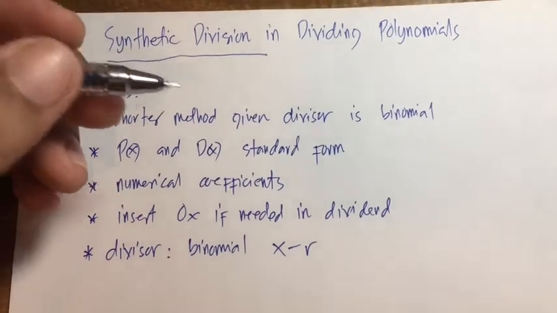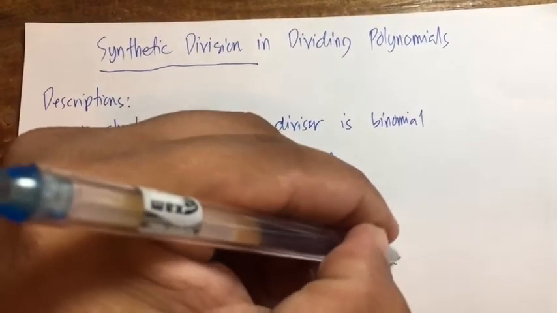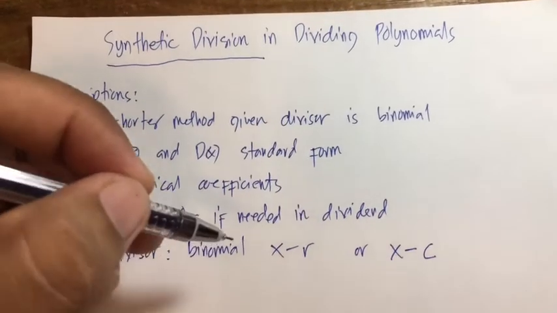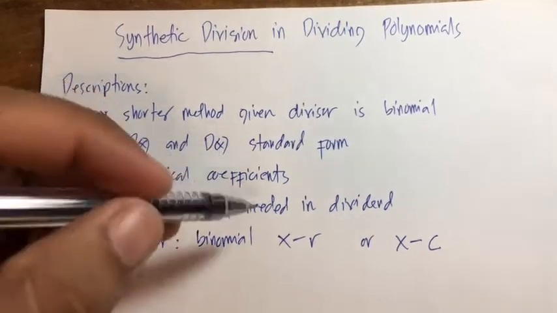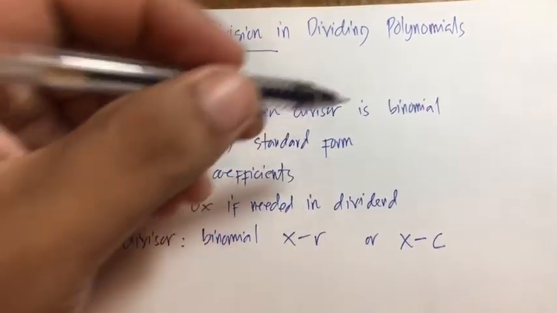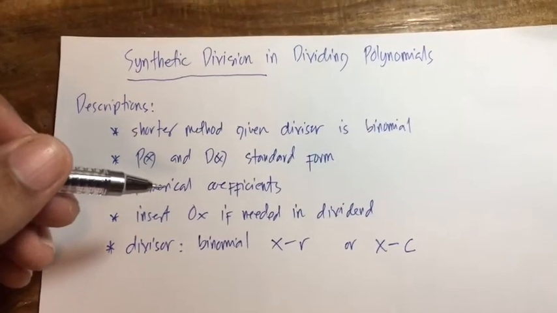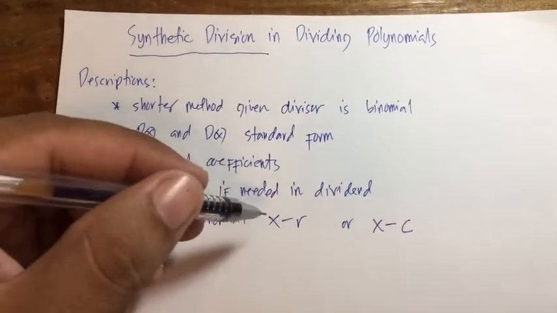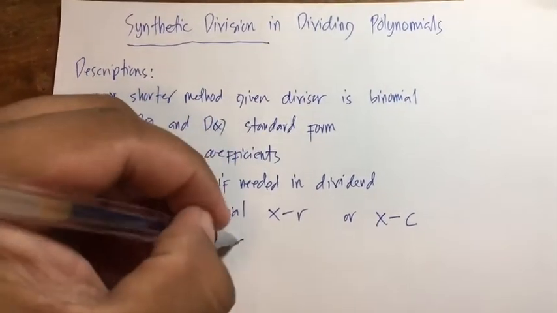Other books use x minus c, but for now, we will just use x minus r. So x minus r qualifies as a binomial. Specifically, it is of degree 1.